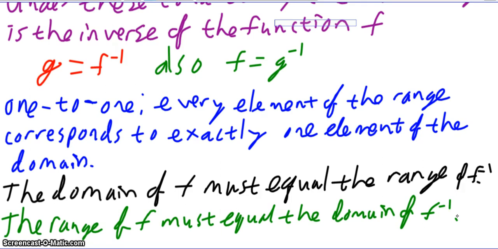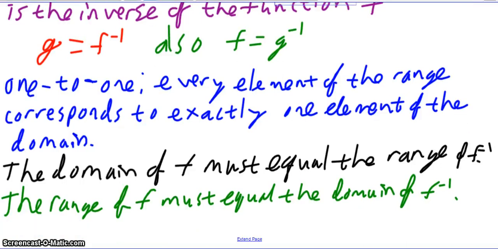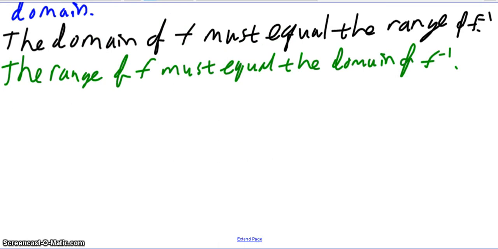In order for a function to have an inverse, sometimes we might have to restrict the domain. We have a test graphically to determine if a function will have an inverse, and you may remember this from a previous class. This is the horizontal line test.